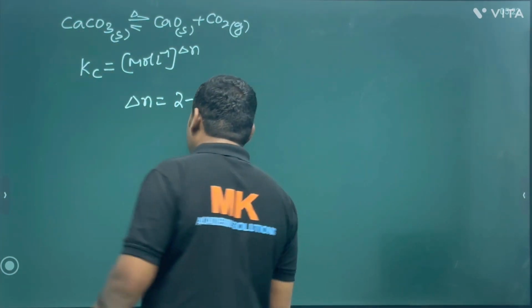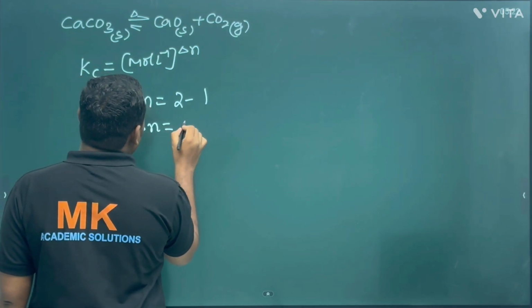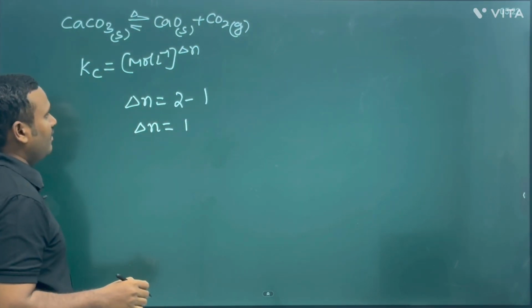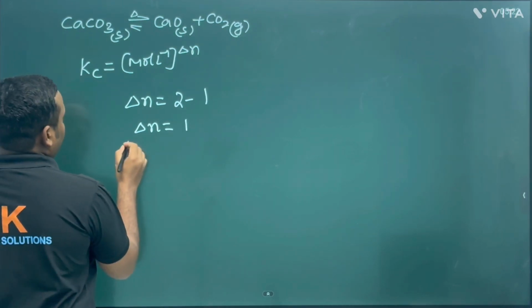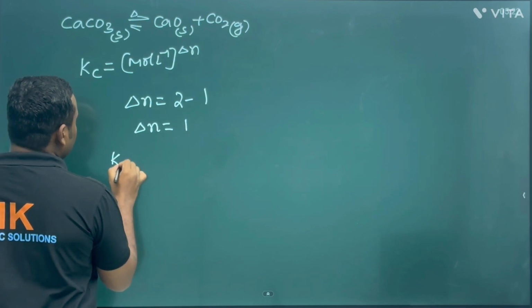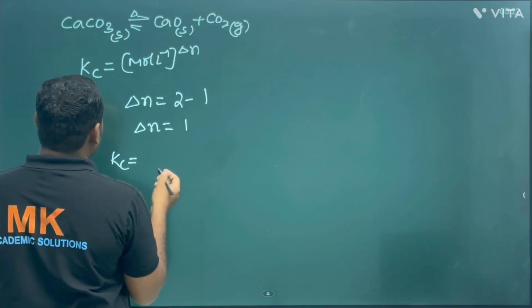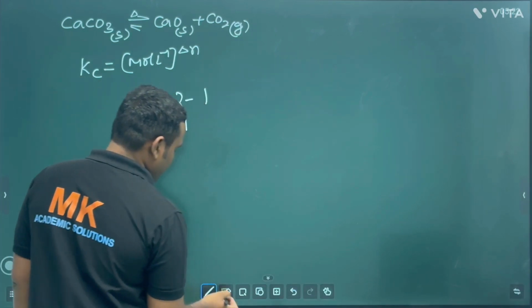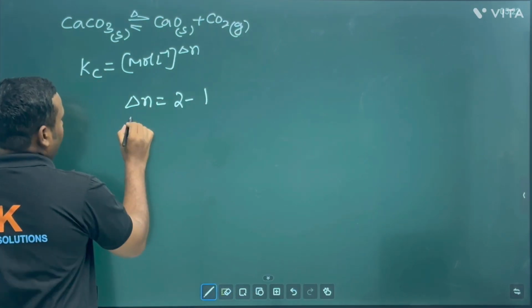So here delta n is equal to 1. Yes, the people will write like this.